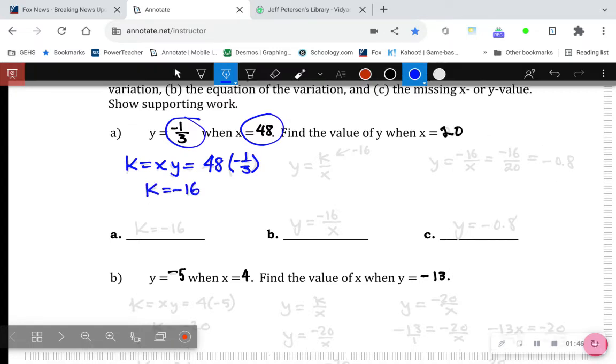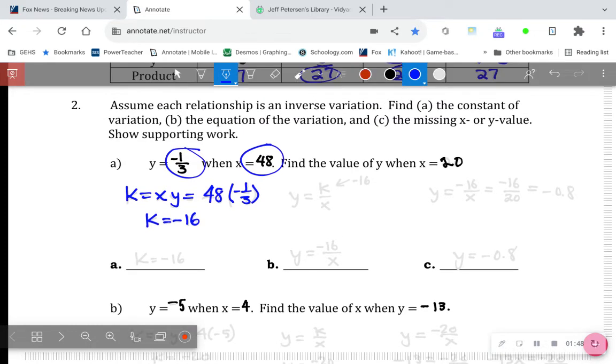So if you look at the directions, that's what we're supposed to do first, is find that constant. So we'll write that in the first slot here. The constant is negative 16. Then you plug that into the formula, and the formula always looks like this. y equals k over x. And since we know the k value here is negative 16, we get our equation y equals negative 16 over x.